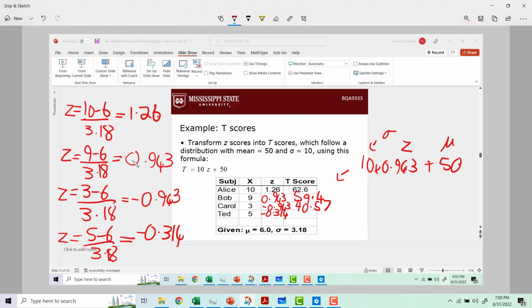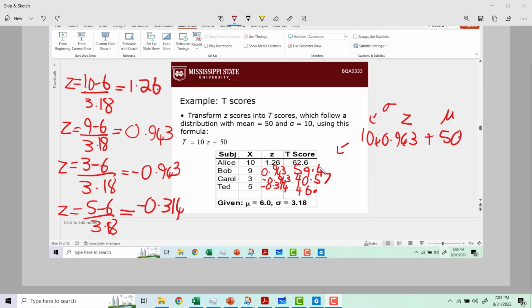And then Ted, minus 0.314 times 10 is minus 3.14, plus 50, which is 46.86.